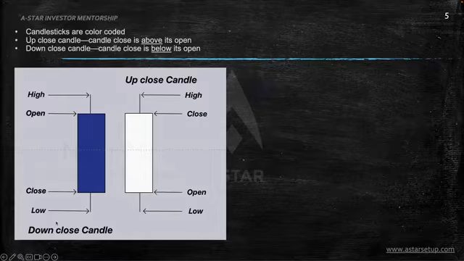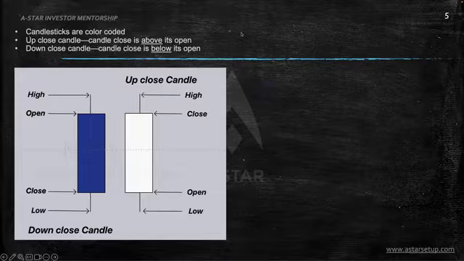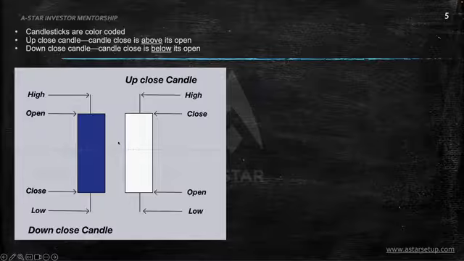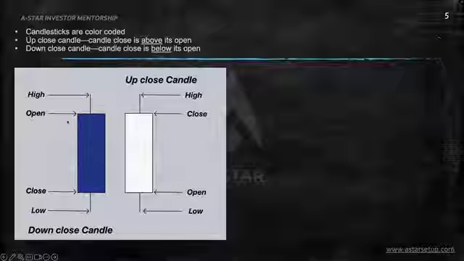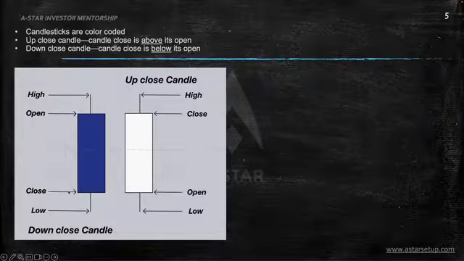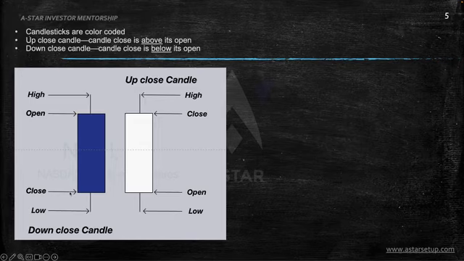So down close candle represents seller's strength, up close candle represents buyer's strength. Down close candle, the opening price is above the close. Down close candle, the close is obviously and observably below the open.